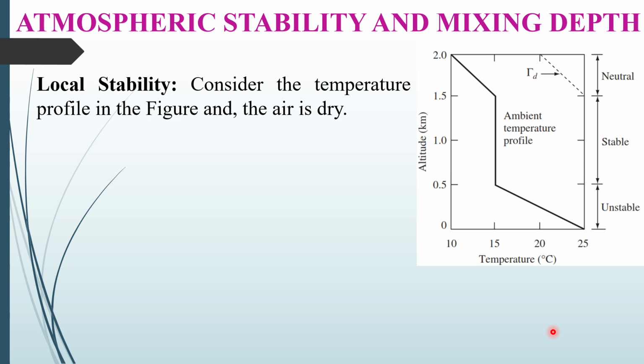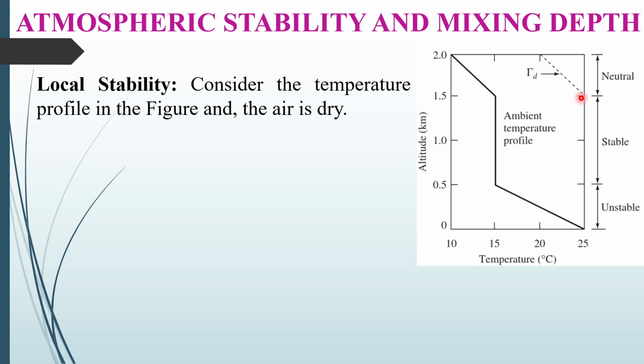If you carefully see the figure here, you can see that from ground level to 0.5 kilometer, the atmospheric temperature decreases with increasing altitude. So this is the unstable layer, and from 0.5 to 1.5 kilometer, this is the stable layer, and from 1.5 kilometer and above, it is neutral, because here the atmospheric lapse rate is the same as the dry adiabatic lapse rate.